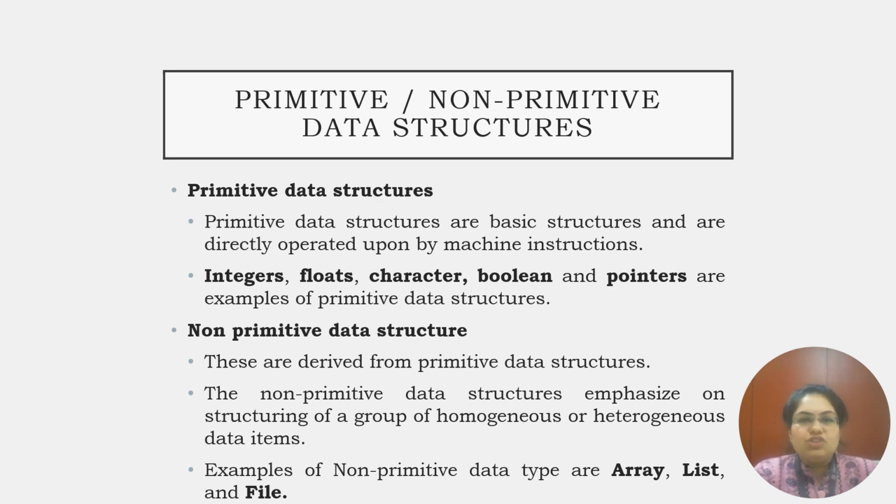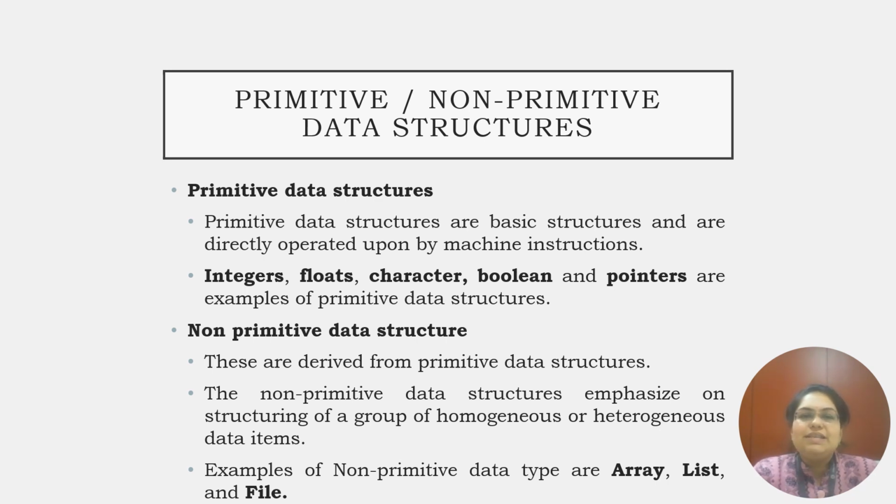A non-primitive data structure is a user-defined type of data structure that stores data of different types in a single entity. These are derived from primitive data structures. The non-primitive data structure emphasizes structuring a group of homogeneous or heterogeneous data types.